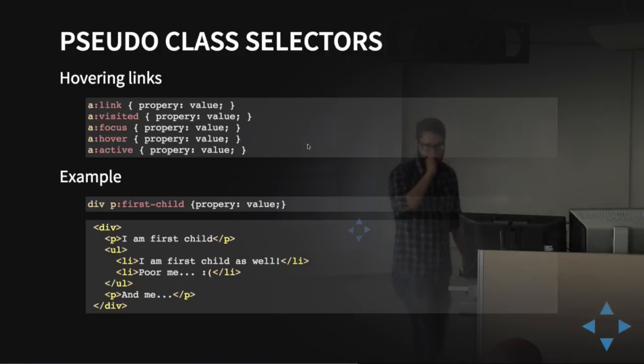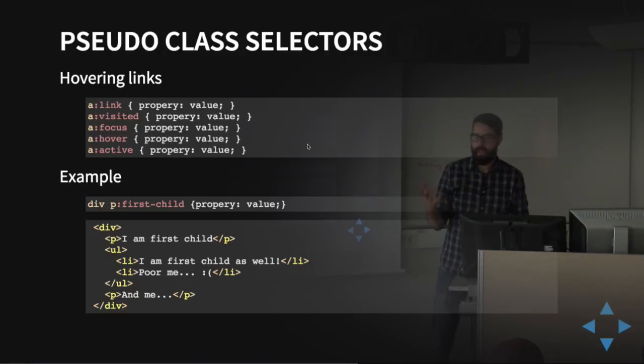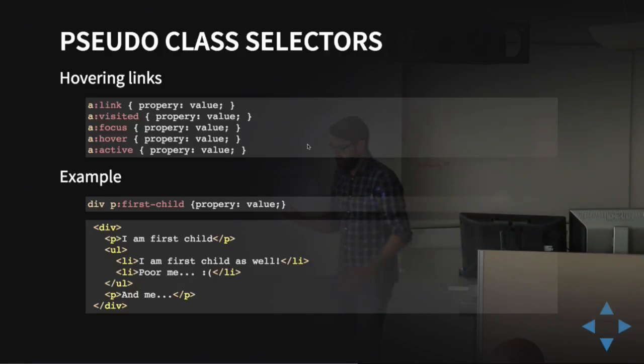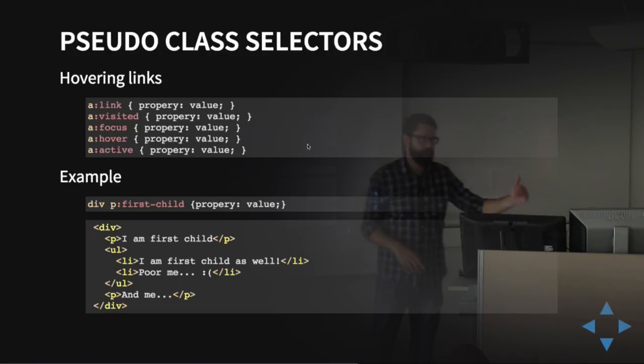As I said in the beginning, some objects or elements have different states. And a link could have any of those 5 states. It could be a link, which it is most of the time, but it could also be a visited link, and it could be a link that has focus, that the user has given the link focus, and that is often something you do with a keyboard.